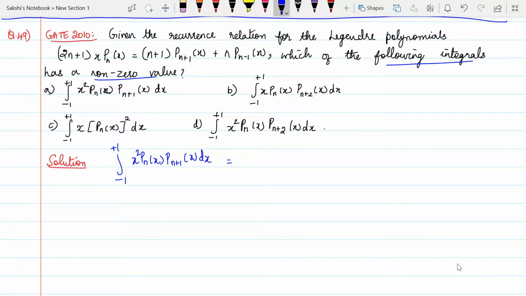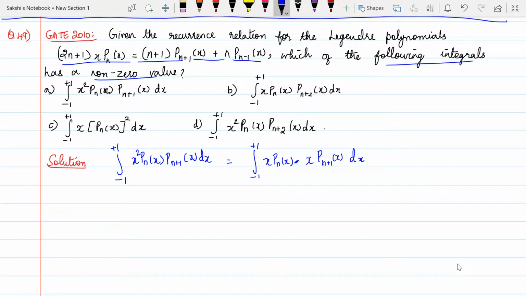Now I'm going to write this integral as the integral from minus 1 to plus 1 of x Pn of x into x Pn plus 1 of x dx. I'm just splitting this x square as x for Pn of x and the other x for Pn plus 1 of x, so that I can use this particular recurrence relation.